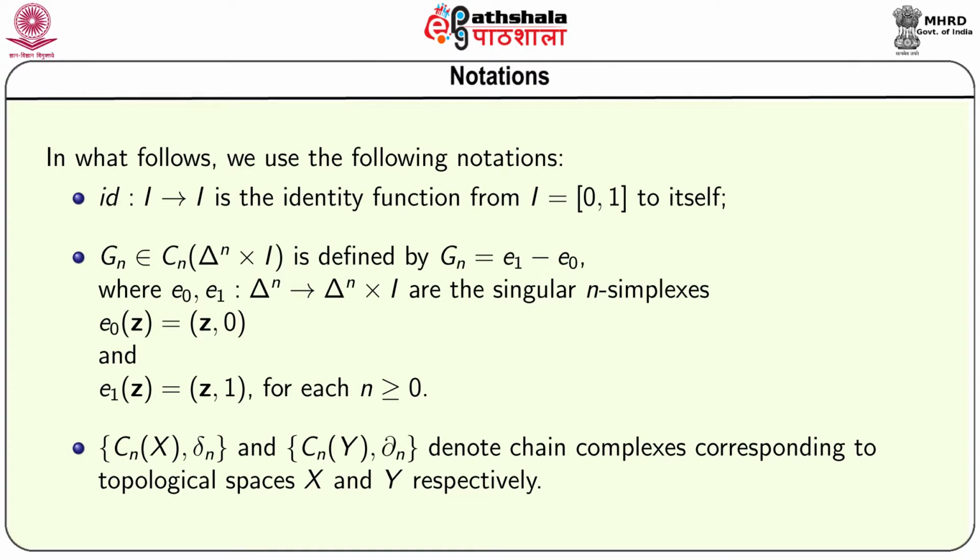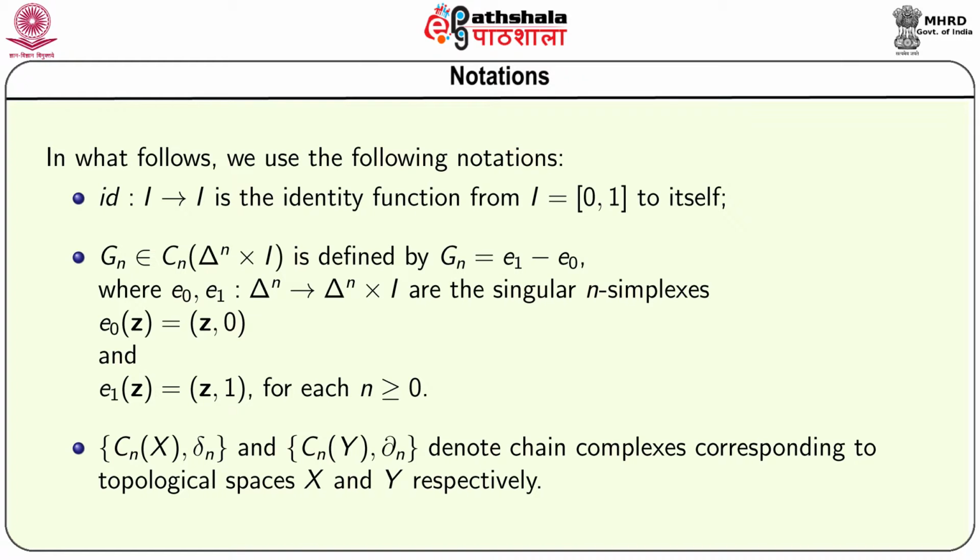singular n simplexes defined as E0 z equal to (z, 0). That means we are plugging in 0 in the last coordinate, and E1 z is equal to (z, 1). That means we are plugging in 1 in the last coordinate, for every n greater than or equal to 0.